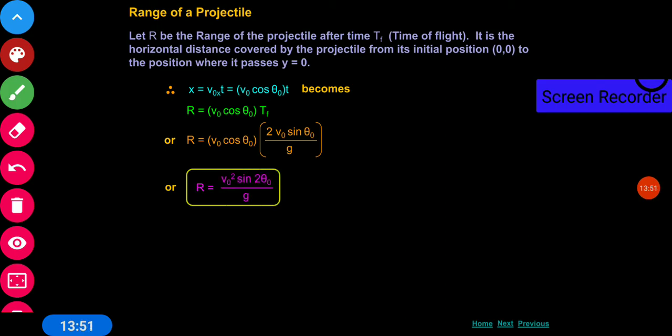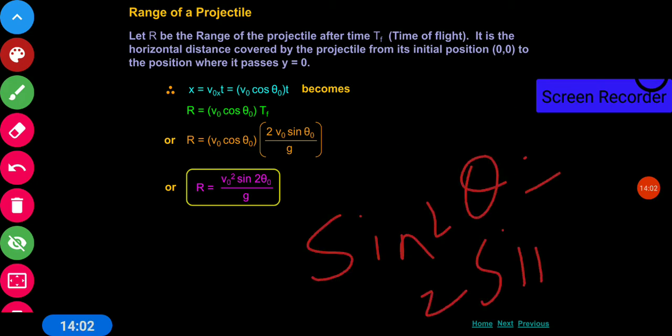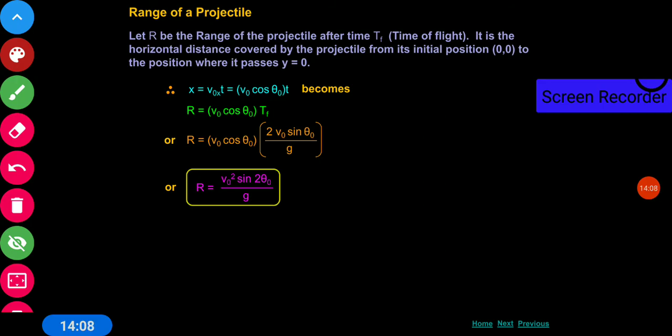Now sin 2θ0 is a trigonometric expression which you have learnt in the previous class, that is sin 2θ = 2 sin θ cos θ. So using this expression we reduce it to this, and we get range R = v0² sin 2θ0 / g.